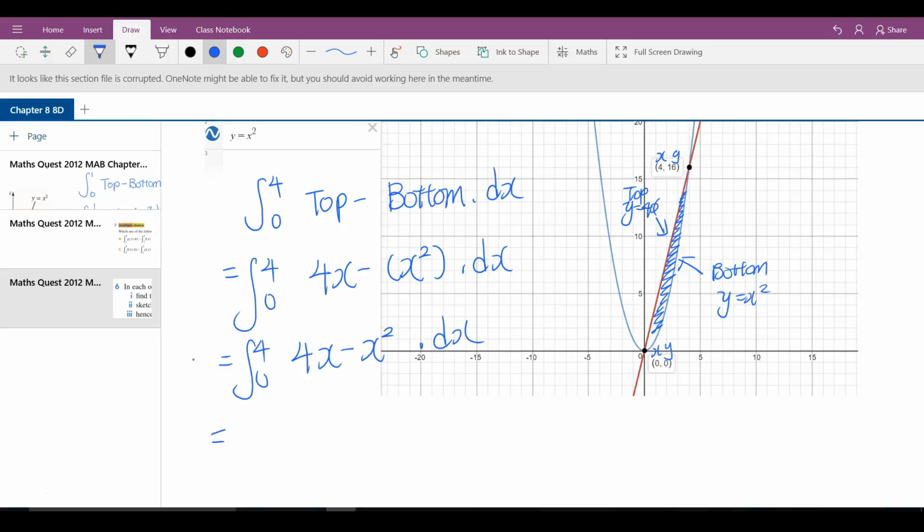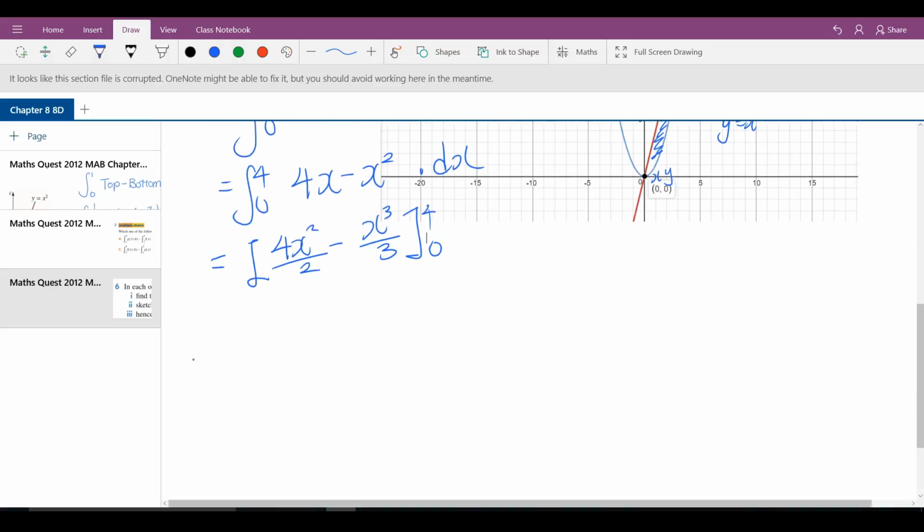Then we can integrate. Integrating 4x with respect to x is 4x squared over 2 minus x cubed over 3. And then we put the 0 and 4 in there. Let's tidy things up a bit. 4x squared over 2 is just 2x squared minus x cubed over 3.